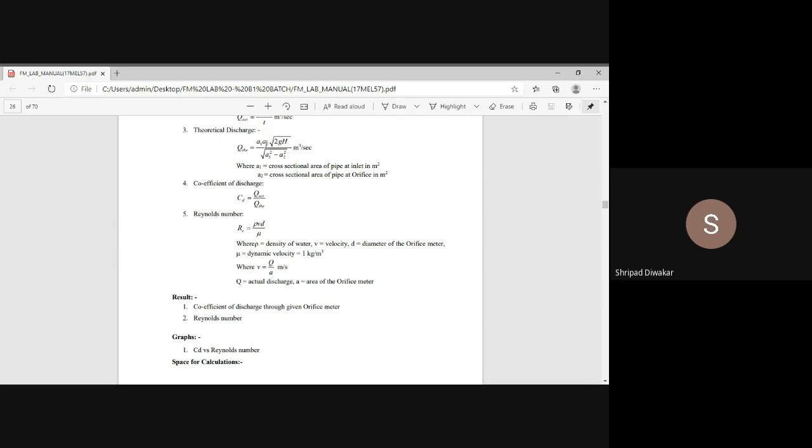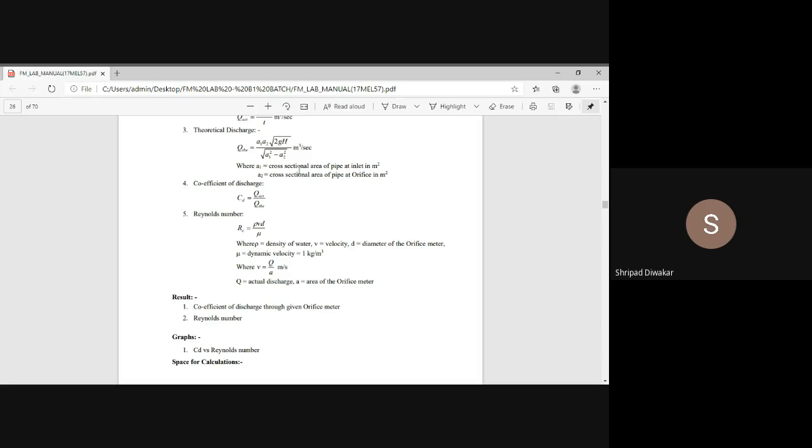Next, small a2 is the cross-sectional area of the orifice. Whatever orifice is fixed in the pipe, you have to note down that area. That is pi by 4 into d2 square.